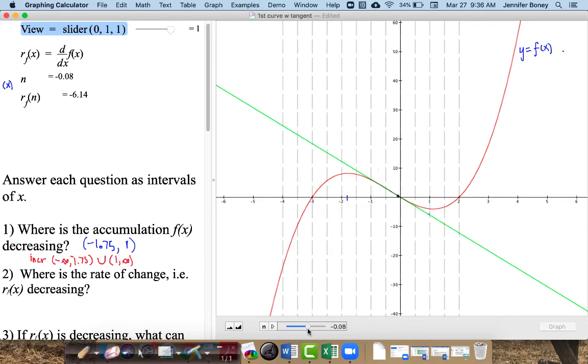So right around, if you see as I'm dragging this, in this vicinity, that derivative stayed at -6.33. Now it's changing in later decimal places, but just to not be dizzying, right around x equals -0.38, this rate hits the lowest value it's going to hit.